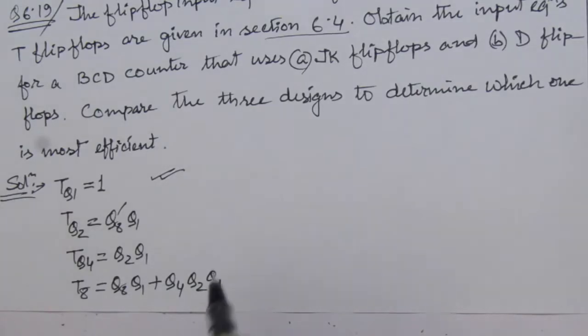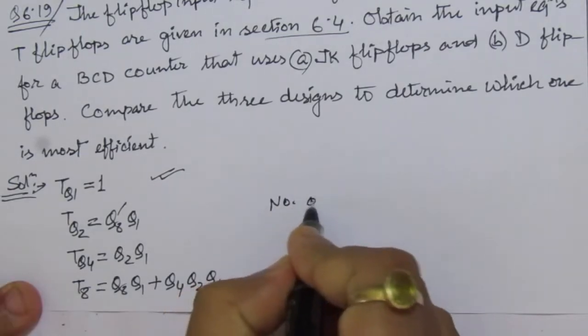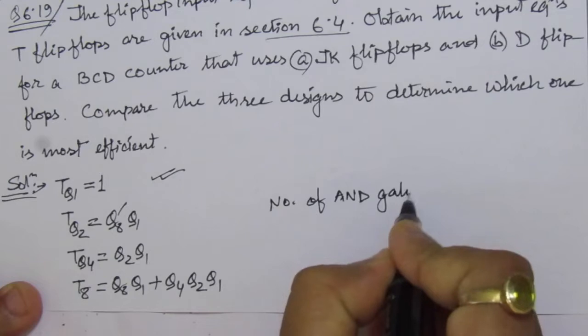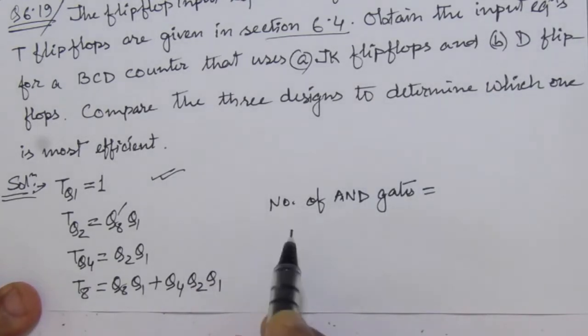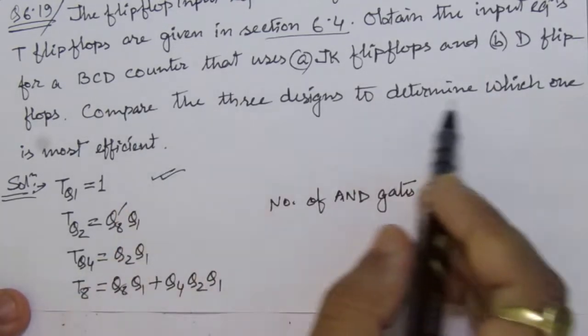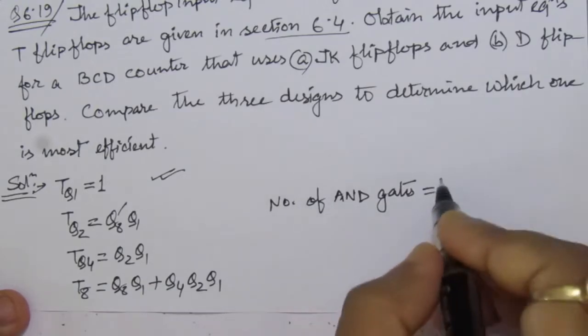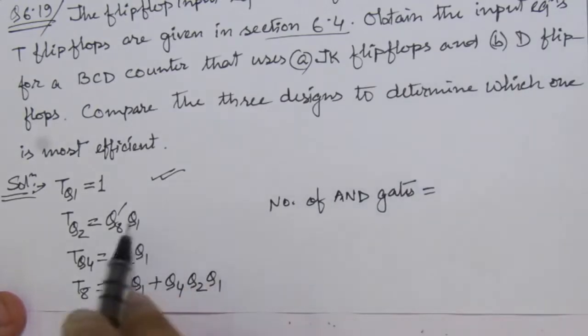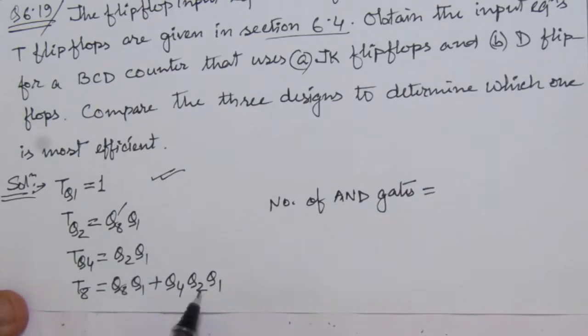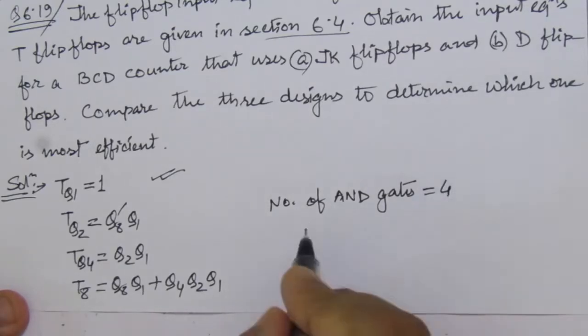So first of all, let us write down how many gates we have to use. I am writing the number of AND gates here because this will help us to determine which is the efficient one. Number of AND gates is equal to 1, 2, 3, 4, so 4 AND gates.